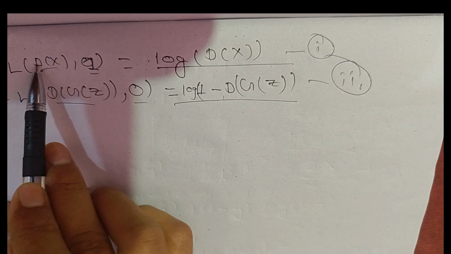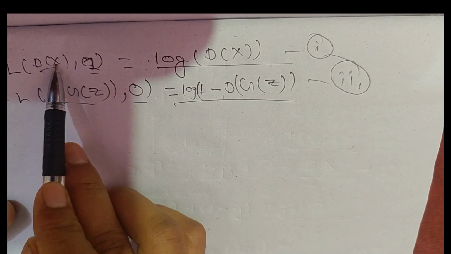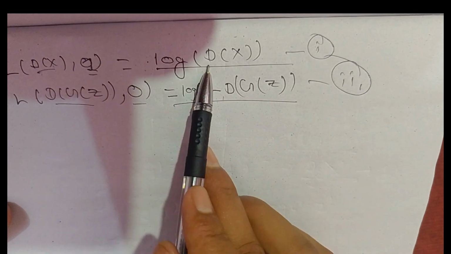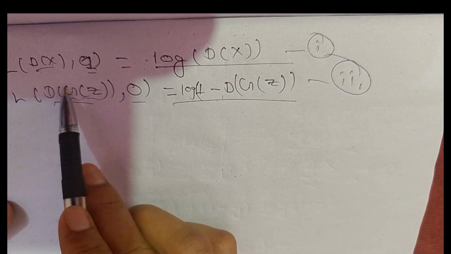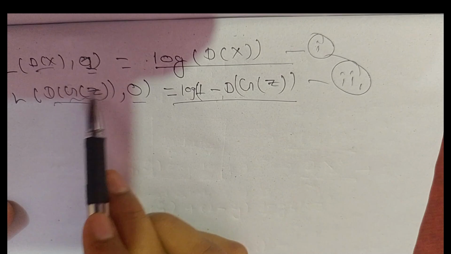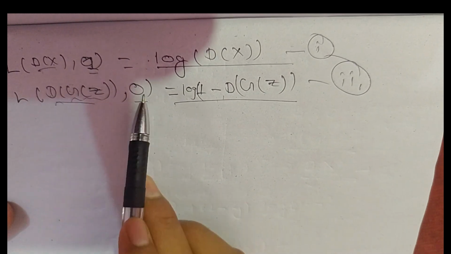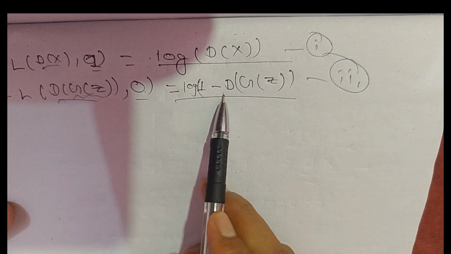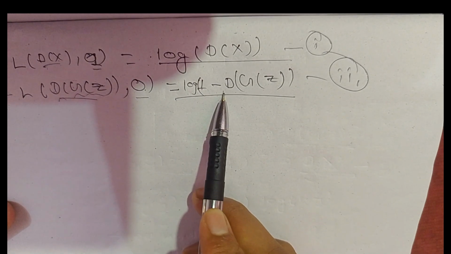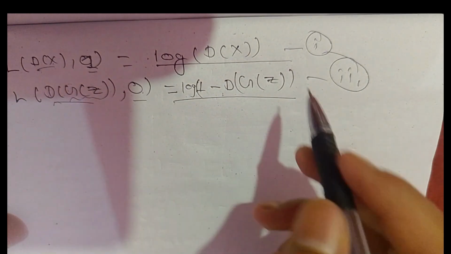This means the probability when x is real should be 1, so we get these equations. When this is generated data, g of z is the generated data, and when it is passed to the discriminator, it should be equal to 0. So we get this equation from the binary cross entropy formula.